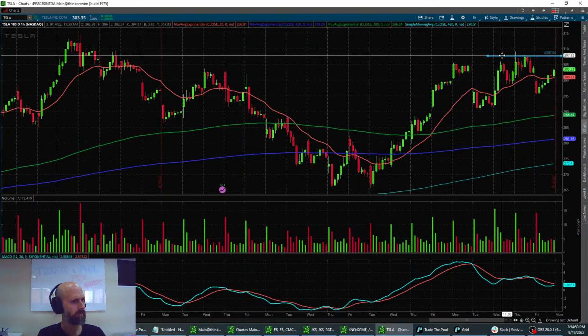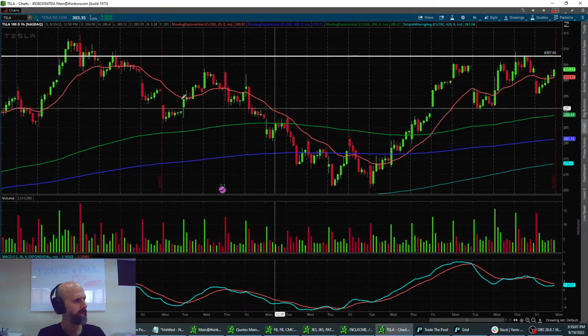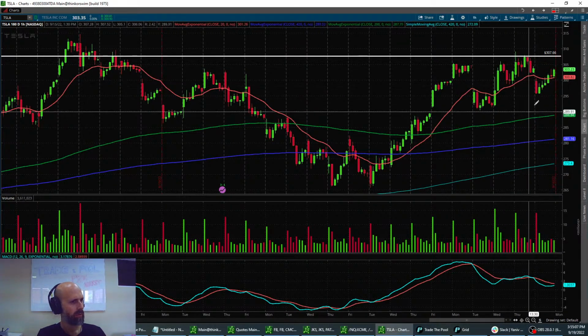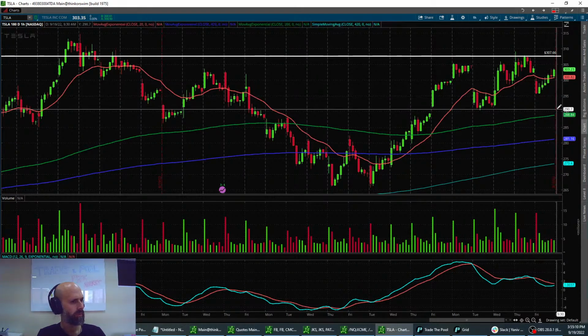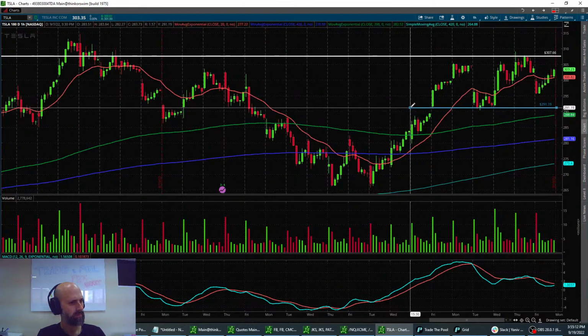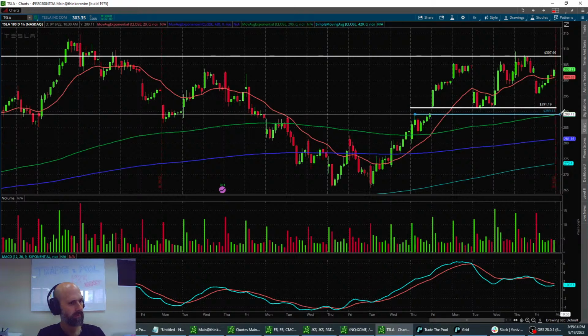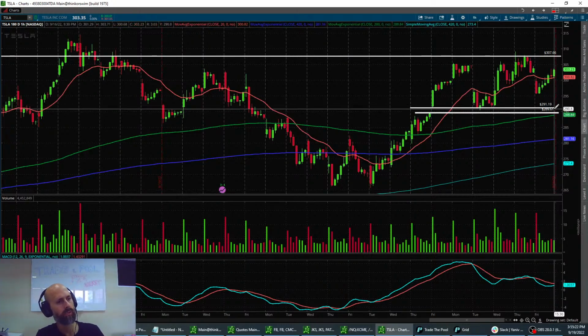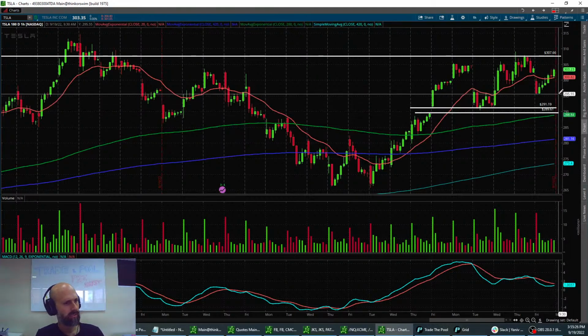I'll do that. And then you can see this level is much more accurate. And below it, you have this gap fill. Not yet, actually. It's still open at around 290, 291, 289, around this level. So those are the prices you can look for buying or selling Tesla.